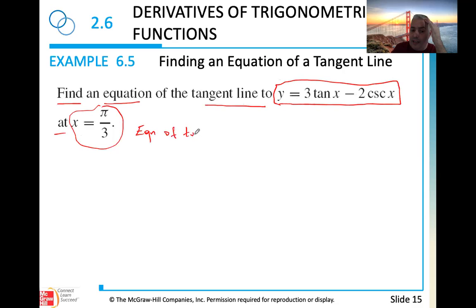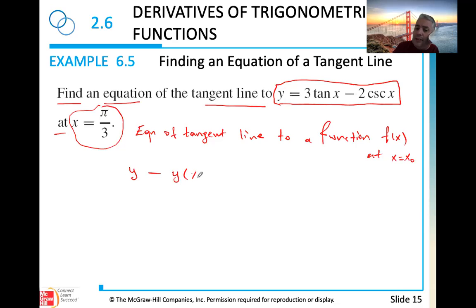The equation of the tangent line to a function f of x at x equals a, or x equals x0, whatever we want, is y minus y at x0 equals the derivative of y at x0 times x minus x0.